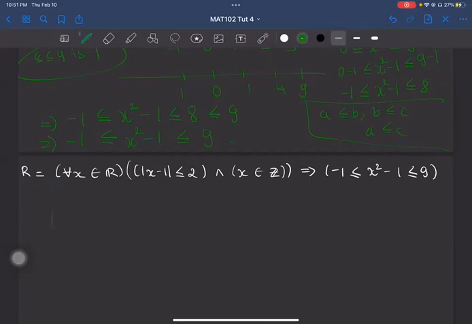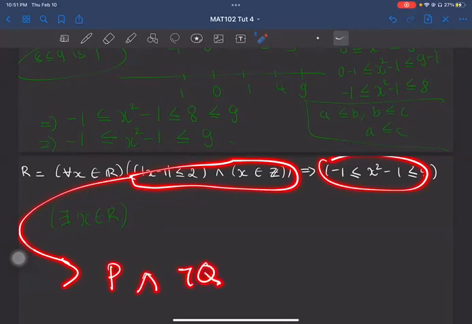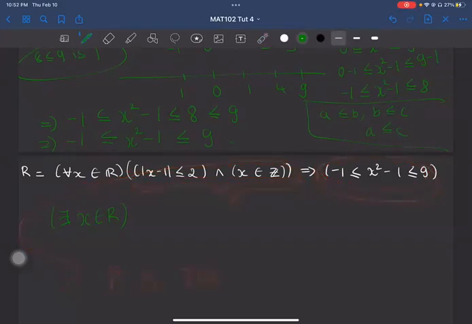So first part, for every x in R will be there exists x in R. Here we have the implication P implies Q. In negation, it will become P and not Q. So I will keep the P part similar, I don't do anything, but I will negate the Q part. So I bring the P part down exactly the same, and instead of implies, it is and, then not Q.